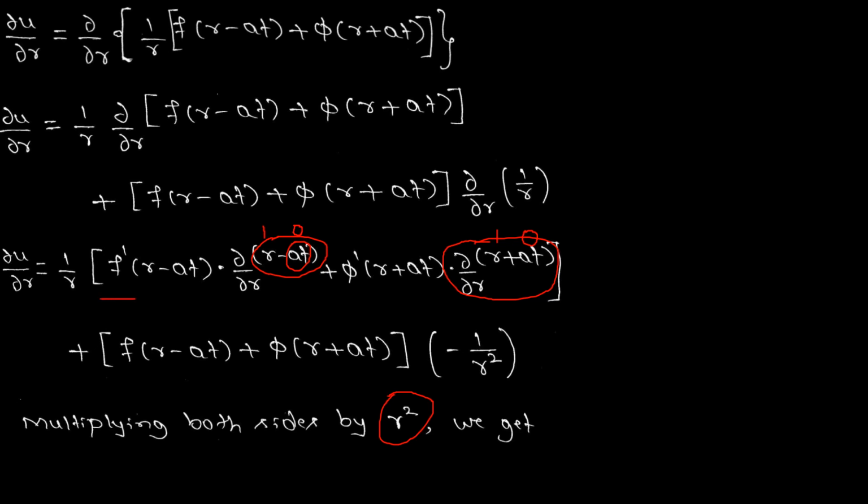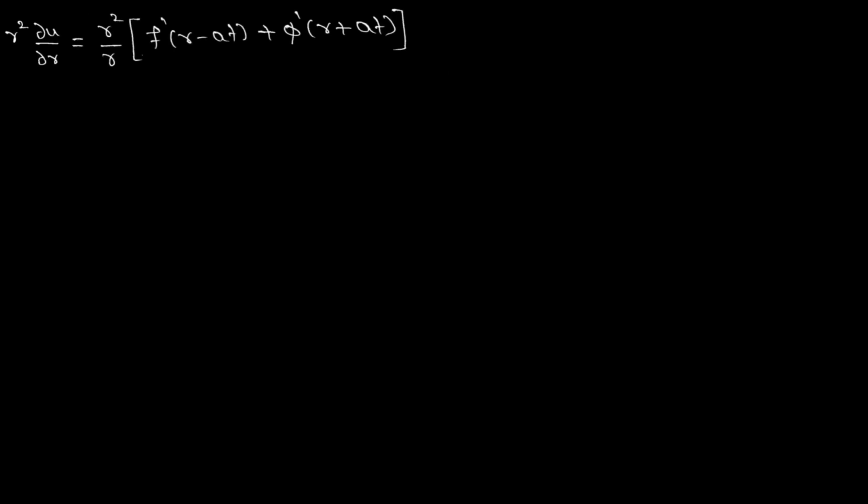So what remains is f dash plus phi dash here. Along with that, we are going to multiply r square on both sides. This side and here. And here also we will multiply r square. Yes, we have multiplied to the one term and we have multiplied to the other term also.